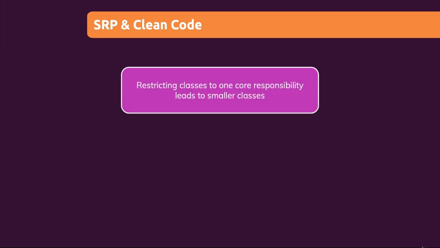So restricting classes to one core responsibility automatically leads to smaller classes, even if we keep in mind that responsibility does not mean task, but instead is about a group of tasks which are connected to the same feature or business area.